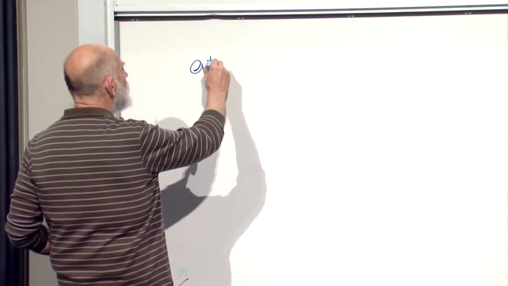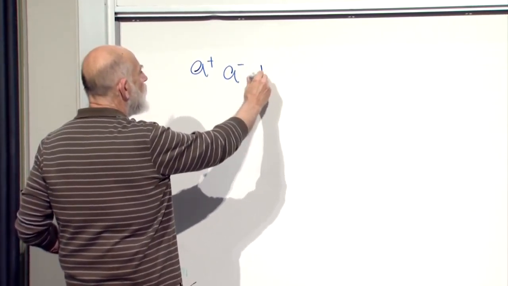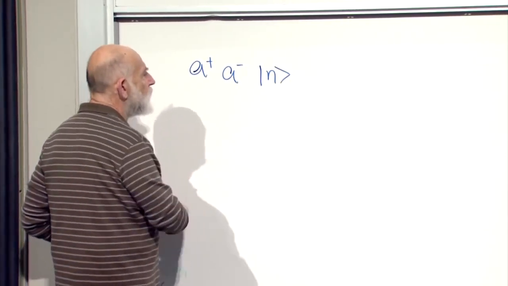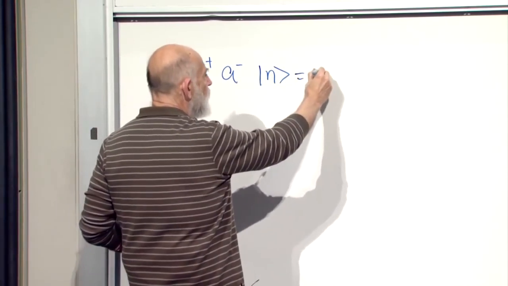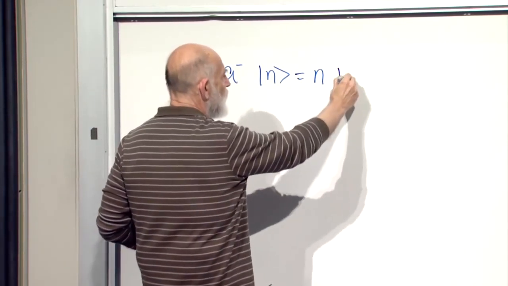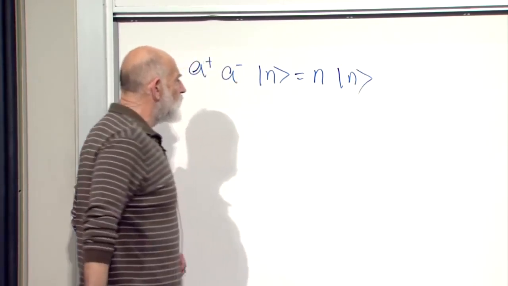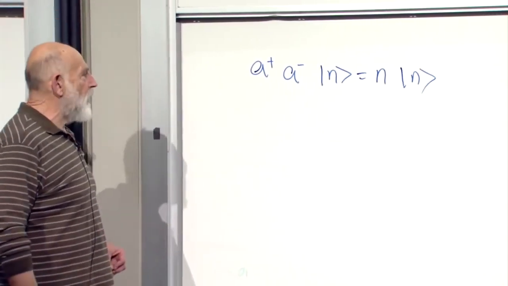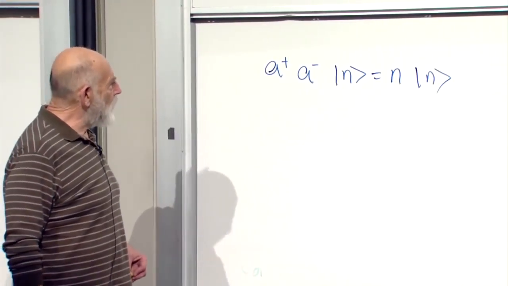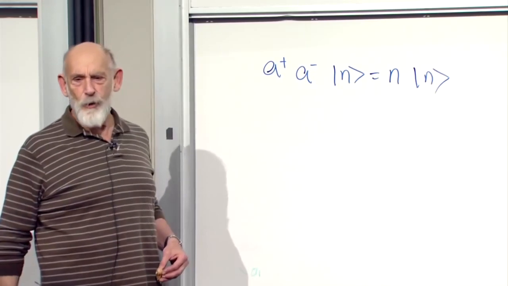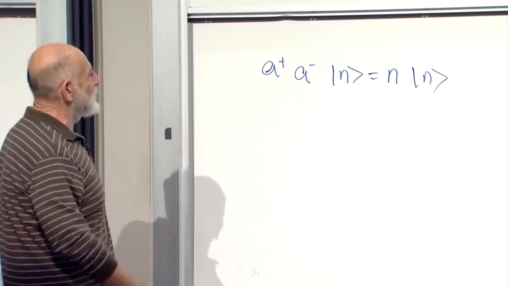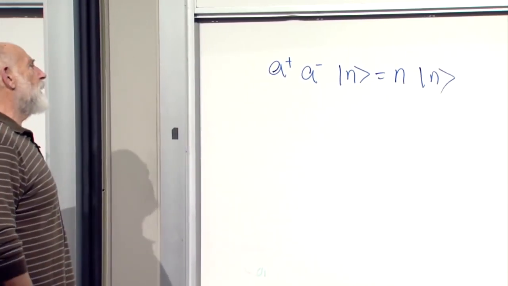A plus A minus on n is equal to n times n, right? Well, A plus is an awful lot like A minus, so it better be that A plus and A minus are somehow square roots of n, but we can do better than that. Let's see, how can we do better than that?